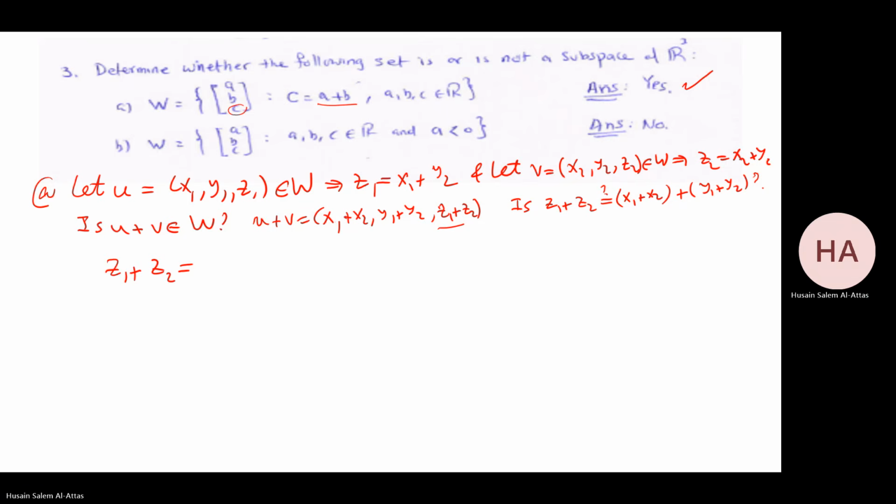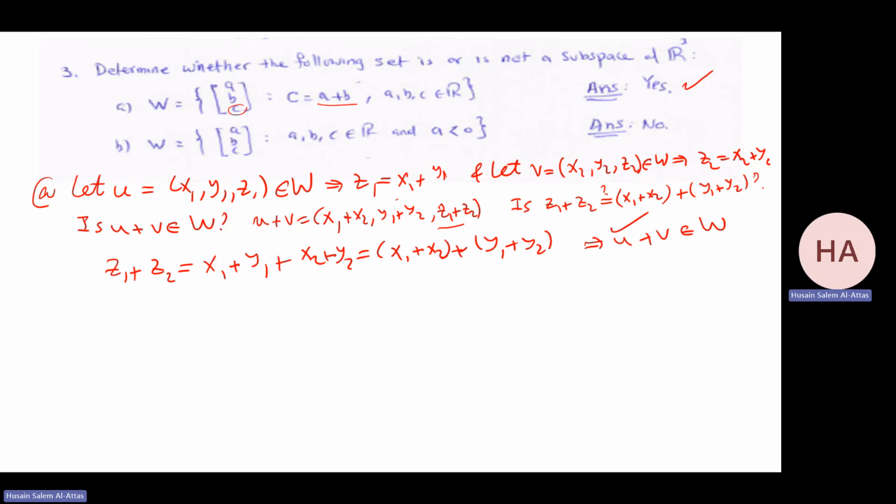I know z1 is x1 plus y1, and z2 is x2 plus y2, which I can rewrite as x1 plus x2 plus y1 plus y2, since I'm in R3. So this is true. So u plus v belongs to W.